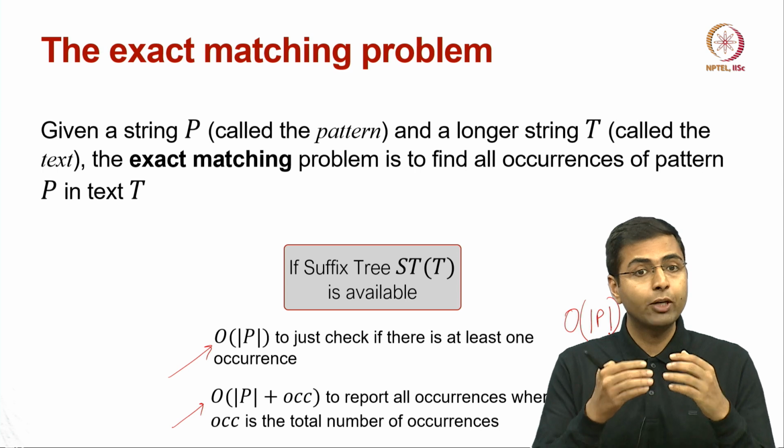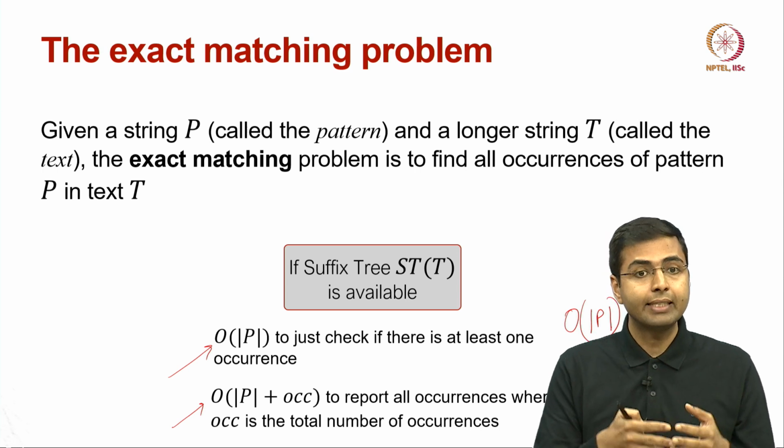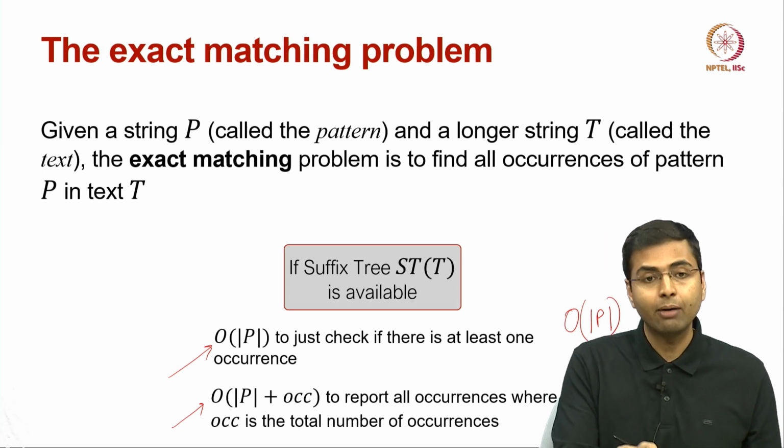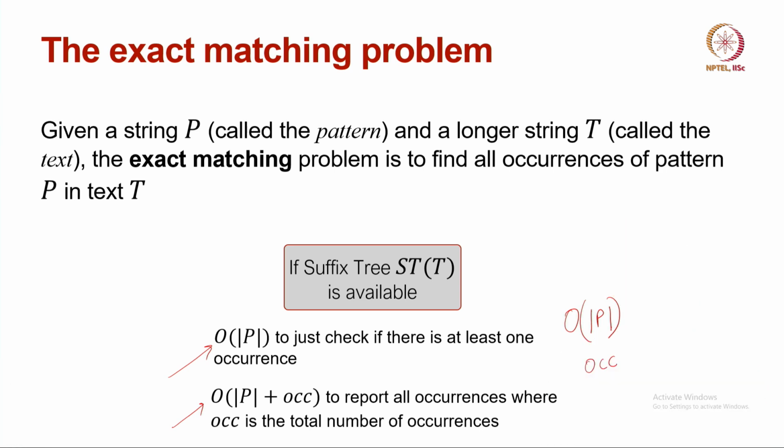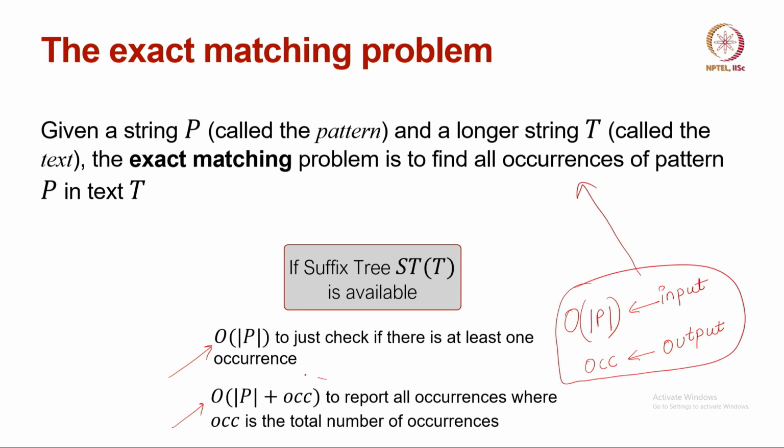And if you are asking me to report all the occurrences, then as output I have to report at least OCC numbers to you, so I have to spend at least OCC time giving the output. So OCC time is spent in giving the output and order p time in reading the input. Because this time must be spent in solving the exact matching problem, order p plus OCC is already optimal; we cannot do better than this.